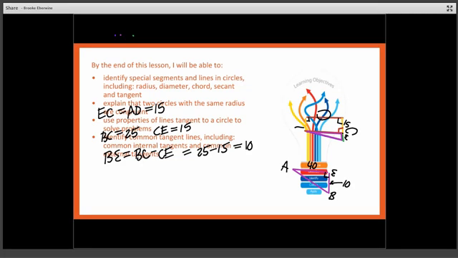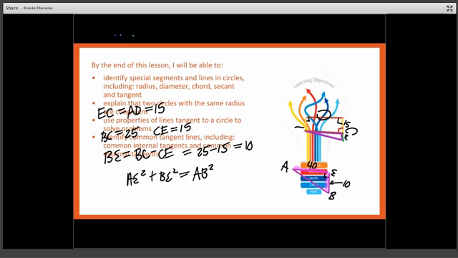So now we can use the Pythagorean theorem. We can say that these two sides make up the legs of our triangle, this one and this one. So if we square each and add them together, we have AE squared plus BE squared. That gives us the length from A to B squared.